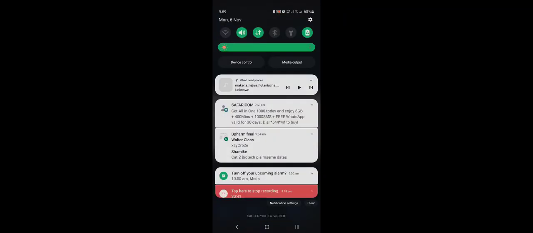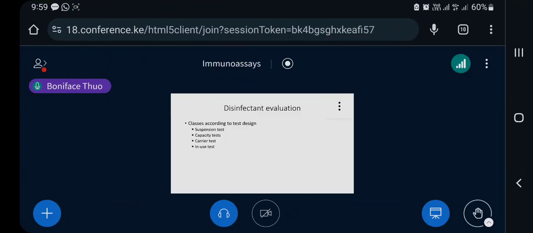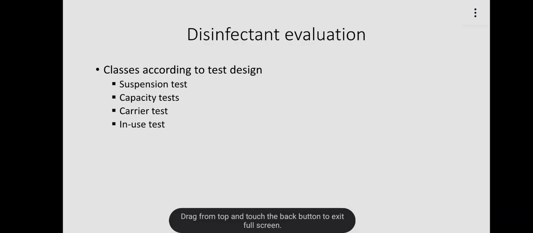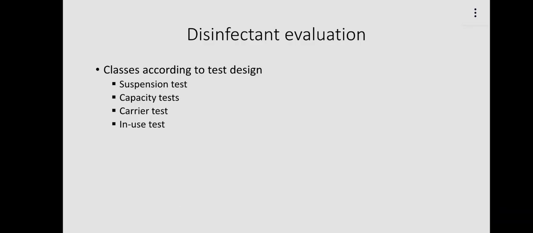We go to disinfectant evaluation. Microbial biological assays are also used to assess how disinfectants are working, or the potency of disinfectants.